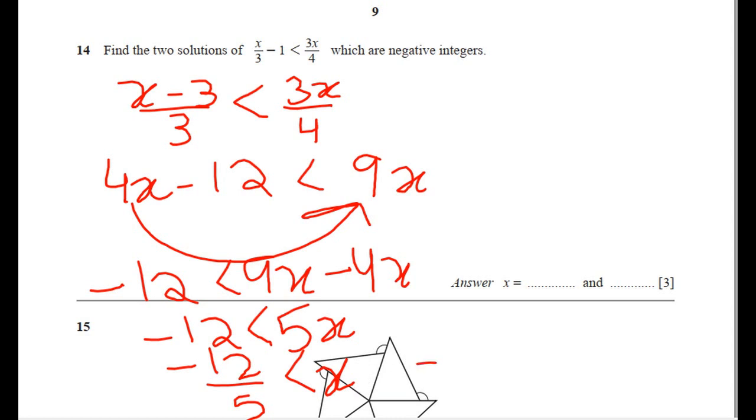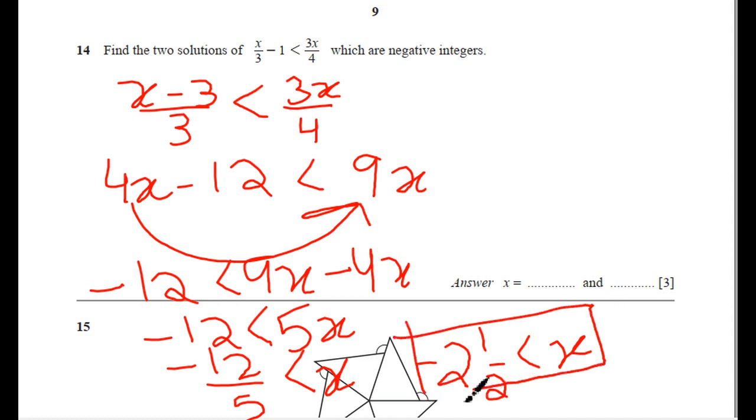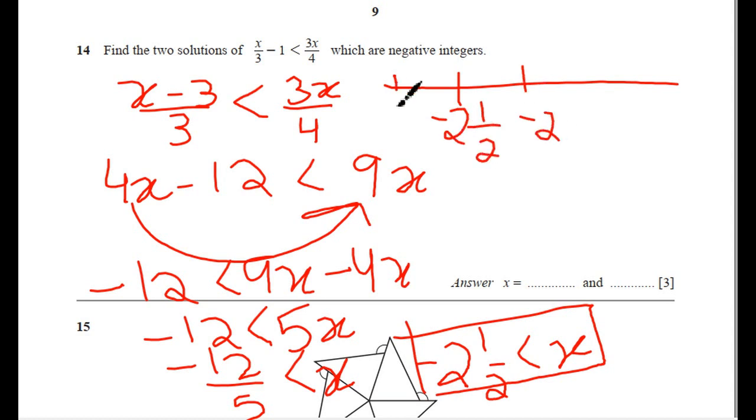When I change this into a mixed number, I will get minus 2 whole 1 over 2. Now I need two solutions of this which are negative numbers. So this is telling us that x is bigger than minus 2.5. So if I draw a number line and I have minus 2.5 over here, I'll have minus 2 over here, right?